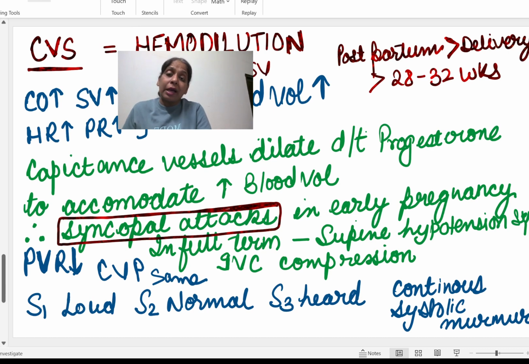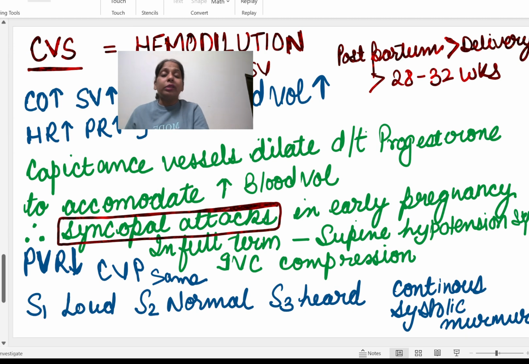So postpartum there is a much greater increase, so the risk of heart failure is much more in the postpartum than in the delivery, than at 28 to 32 weeks. Okay, so if they ask you what the maximum risk is in the antenatal period, then of course you have to say the maximum risk in the antenatal period is at 28 to 32 weeks.